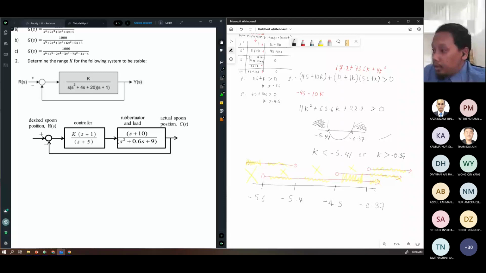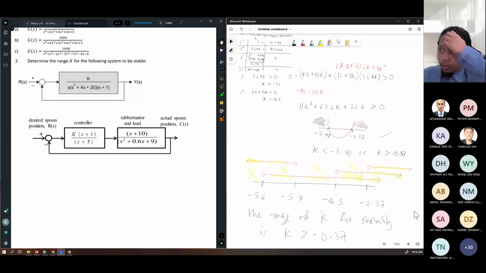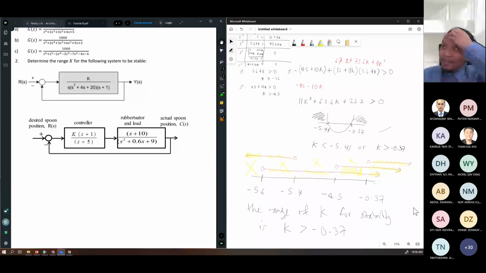Okay, so the range of K for stability is when K bigger than negative 0.37. Okay, so ni dia punya range of K for stable system. Okay, so that's it. Any question that you want to ask?